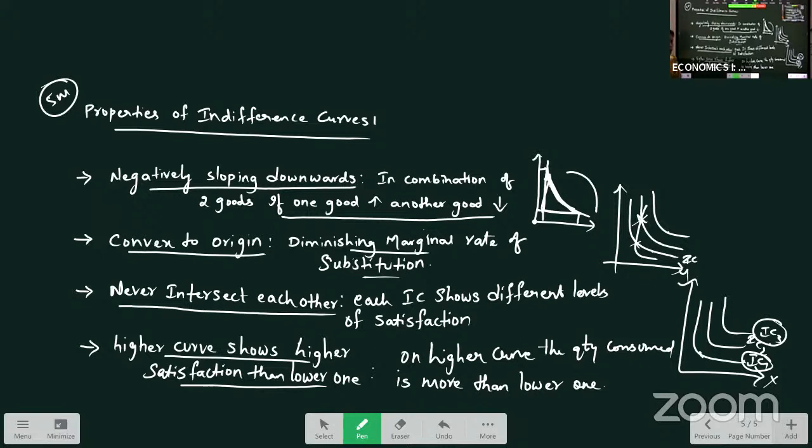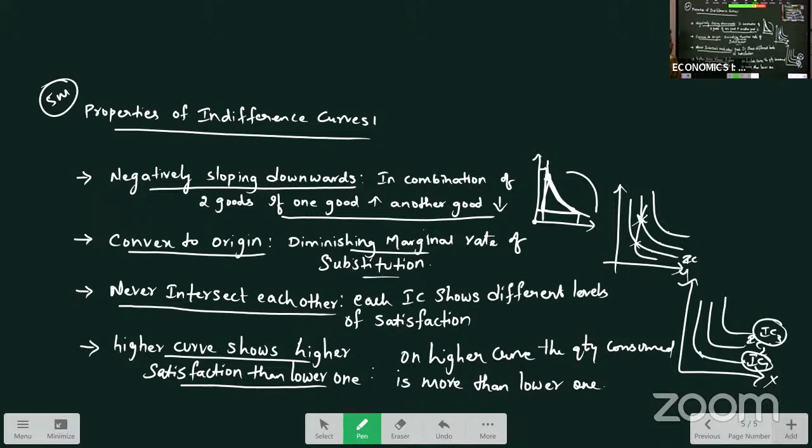It is convex to the origin because of the rate of substitution. The marginal rate of substitution is diminishing, and it will never intersect each other because each curve shows different levels of satisfaction. If they intersect, that will never be called as an indifference curve.